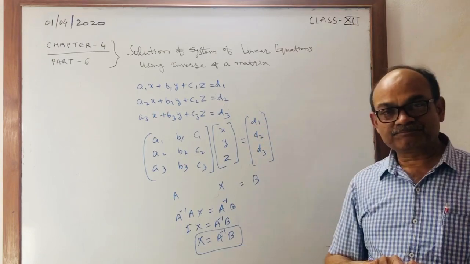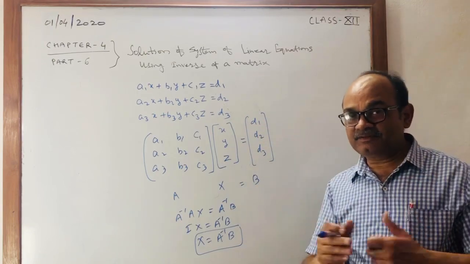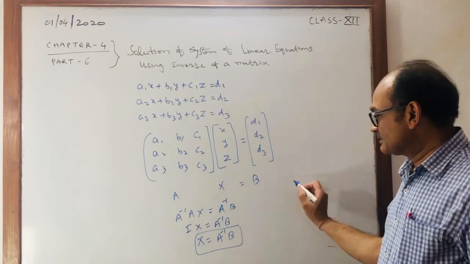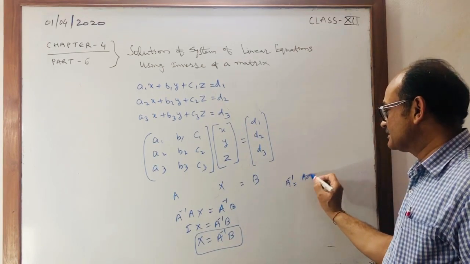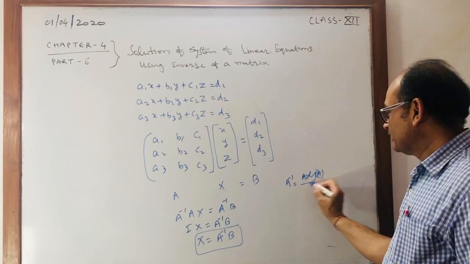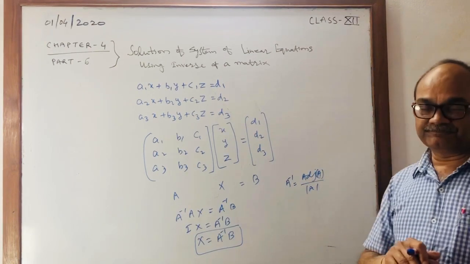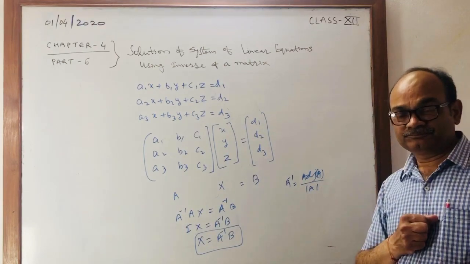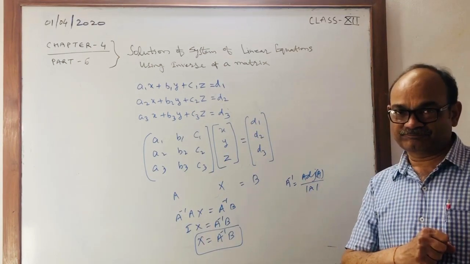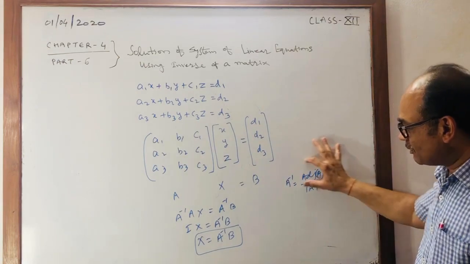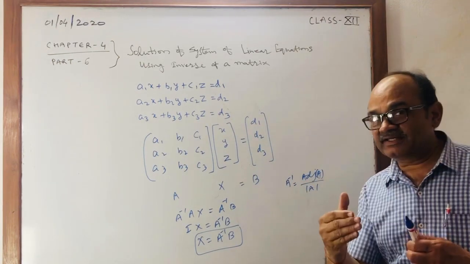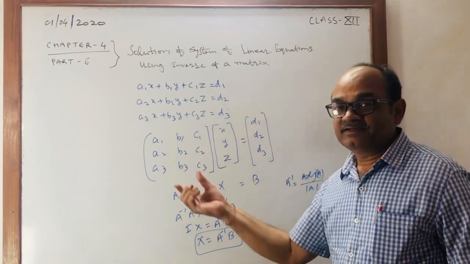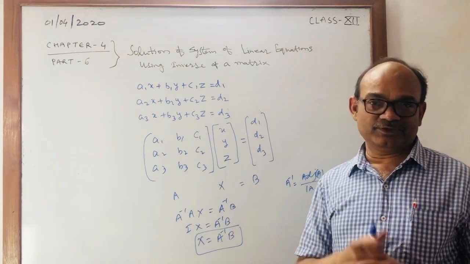And in the last article, theorem number 4, A inverse is adjoint of A divided by determinant A. If this determinant A value is non-zero, then only we will get the answer of A inverse. The meaning is, matrix A must be non-singular.